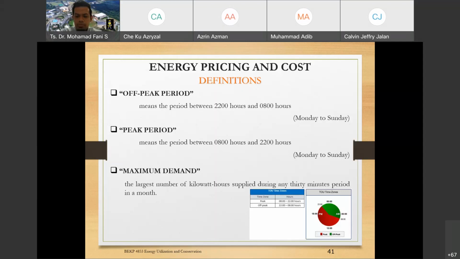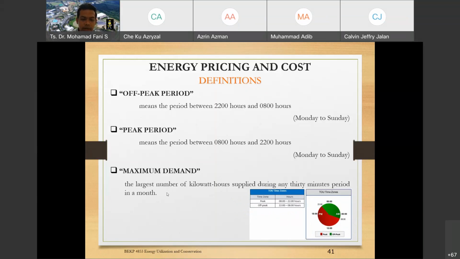So what is maximum demand? You can see here the time zones for peak and off-peak. So TNB will charge the consumer based on peak and off-peak with different tariff prices.